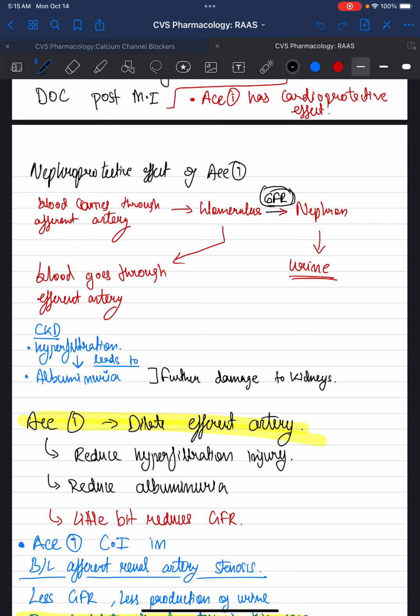The filtrate from the glomerulus will go to the nephron, then it will get more filtrate and it will go to the urine, the waste materials.